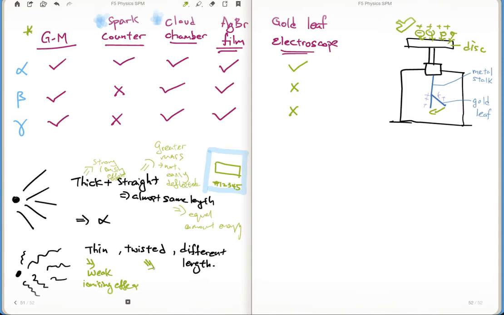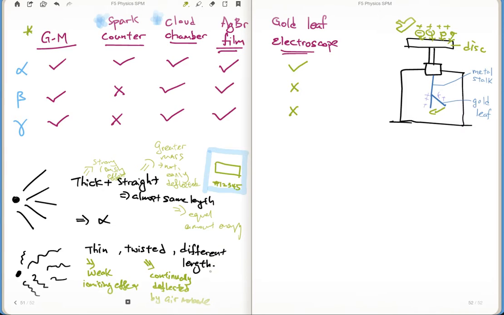Because it's continually deflected by air molecules, meaning you have small mass. Different length means you have different energy.